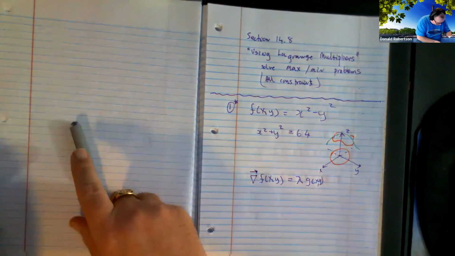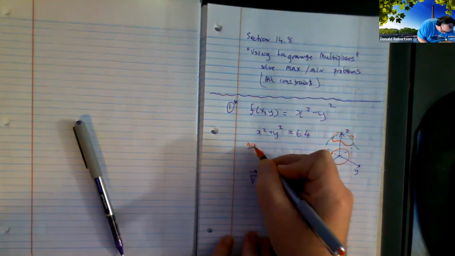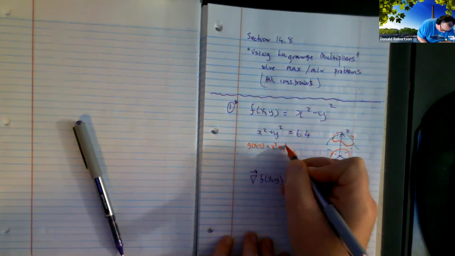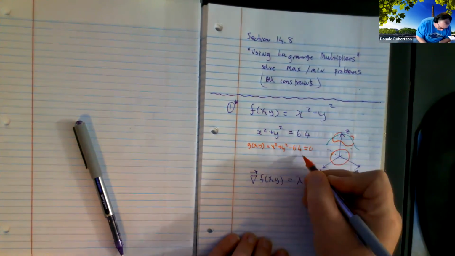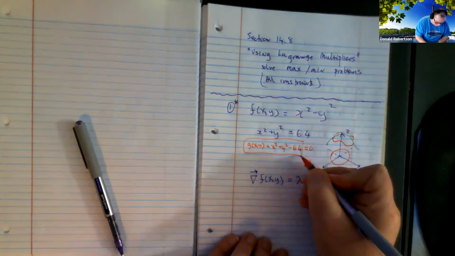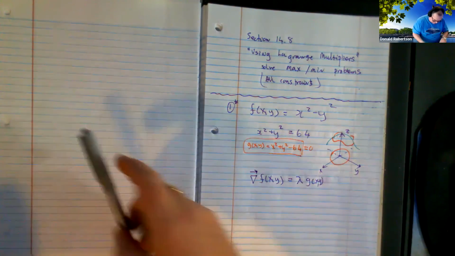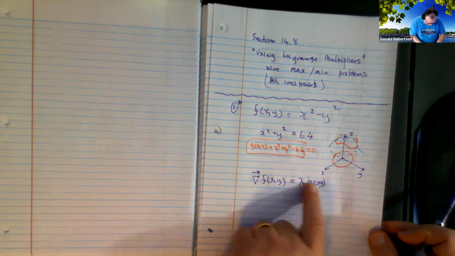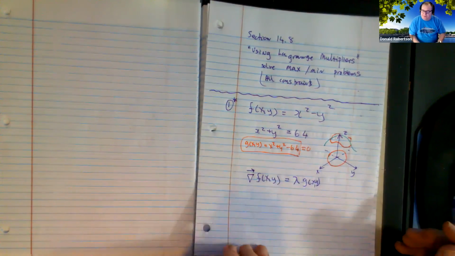So let me tell you who g is. See this guy here? Rewrite them like that. So your g is basically what makes your constraint equal 0. And if you solve that, the x's and y's where that is true are the places where the maximums and minimums live.